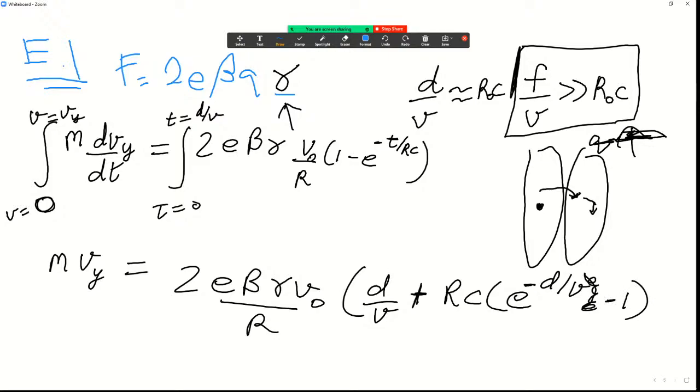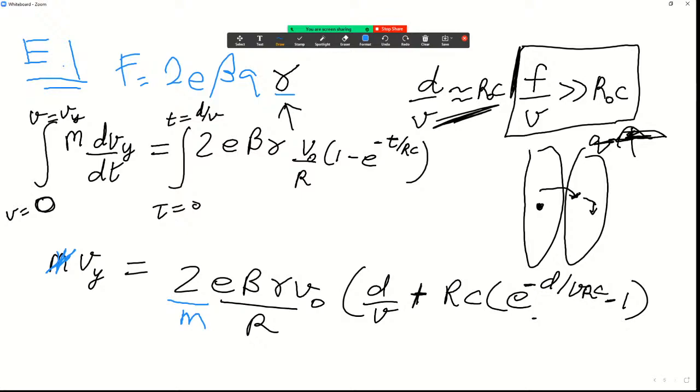Okay, so then V of I would be... Okay, here I forgot rc. Okay, so here this comes into existence. This is almost comparable to 1, so this won't be neglected. Oh yeah, so d over v and RC are comparable.